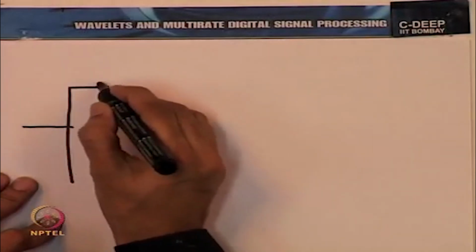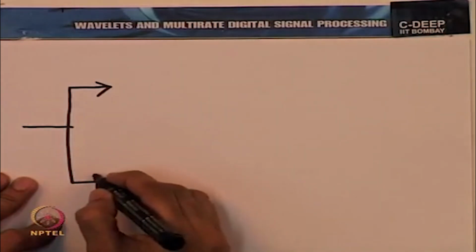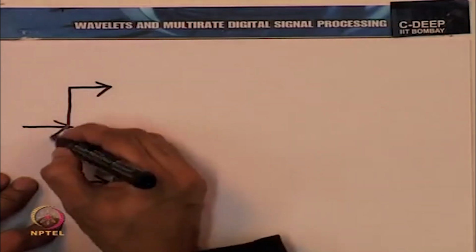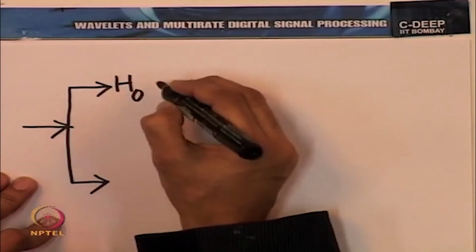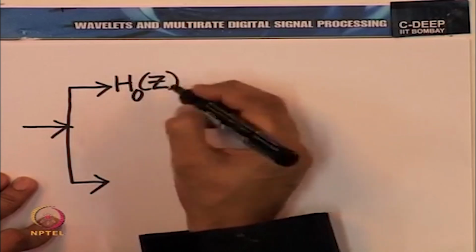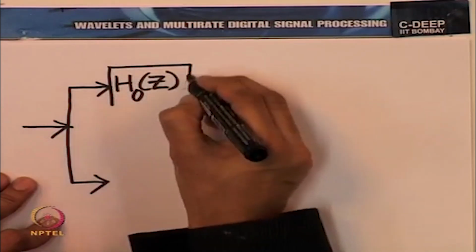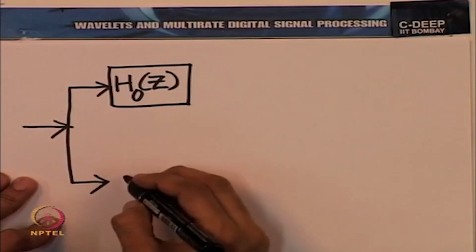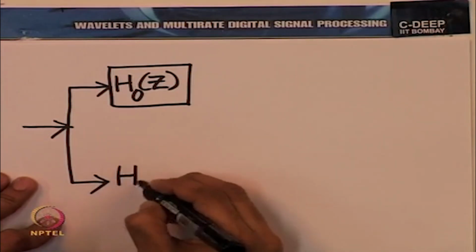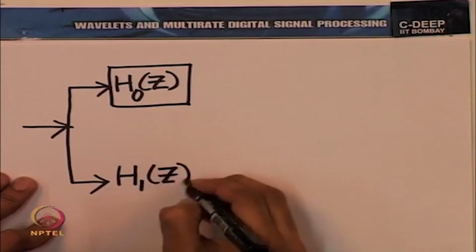But today we intend to analyze it threadbare, so to speak. Now, remember that H 0 was a low pass filter, H 1 a high pass filter.